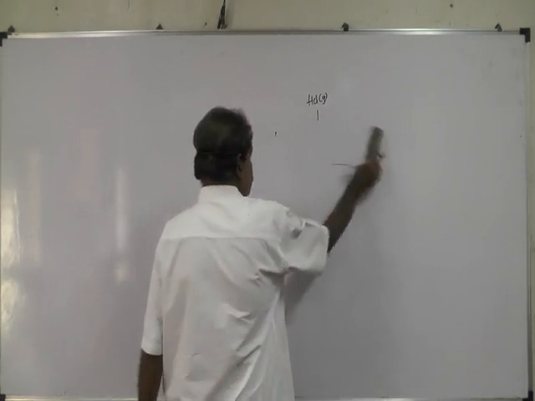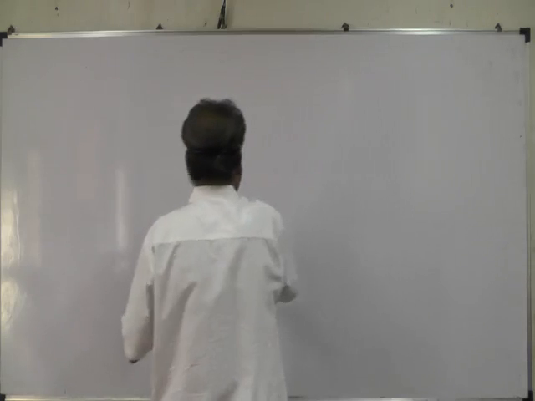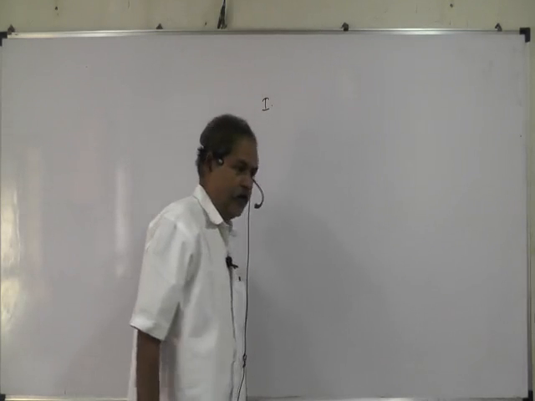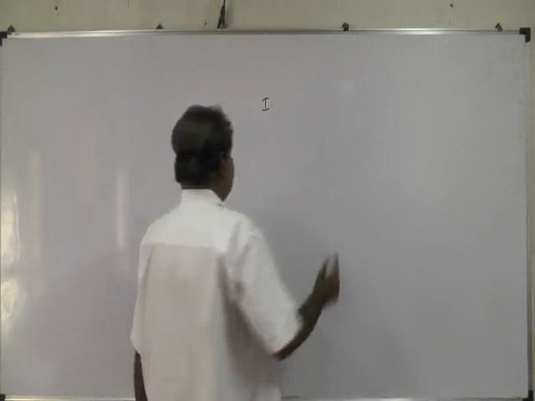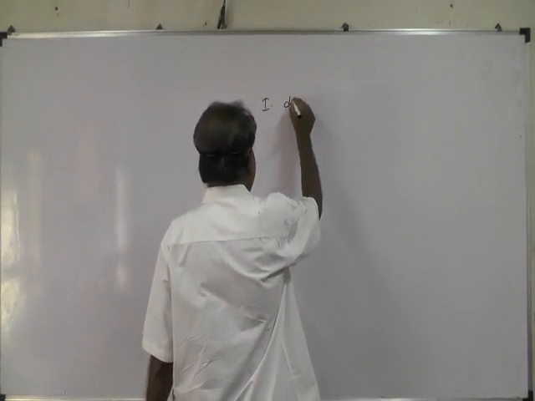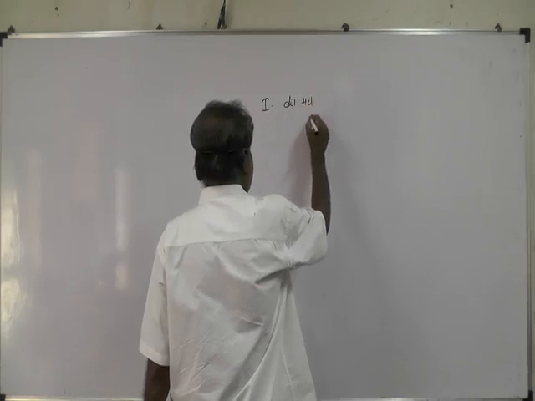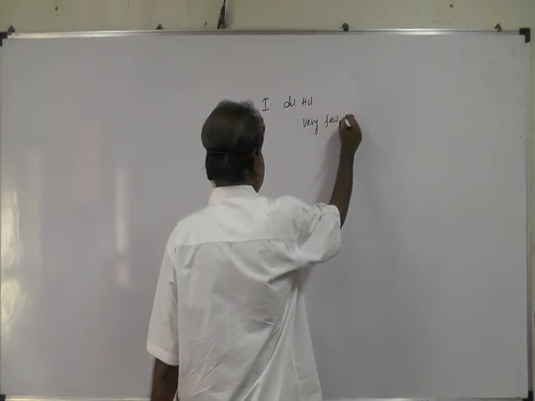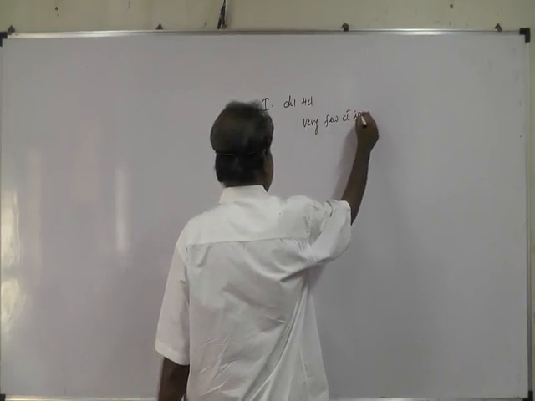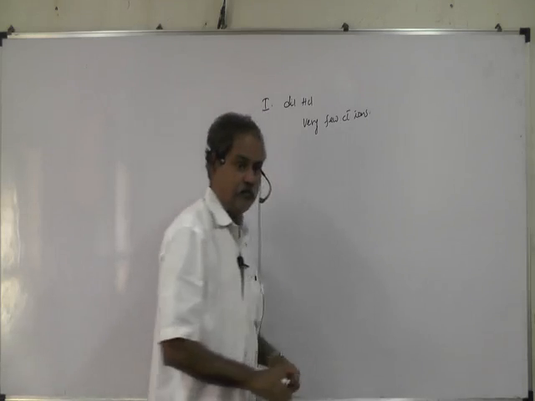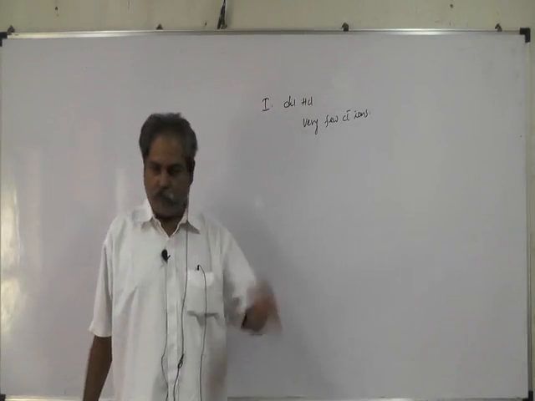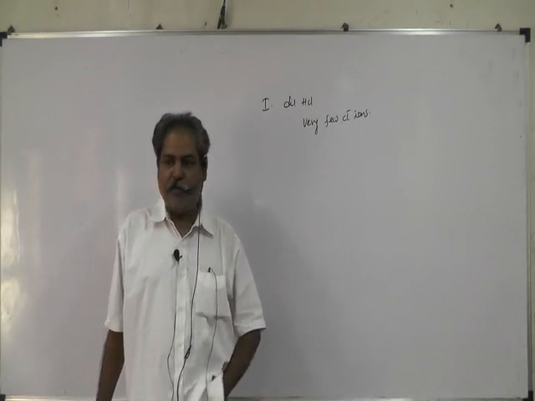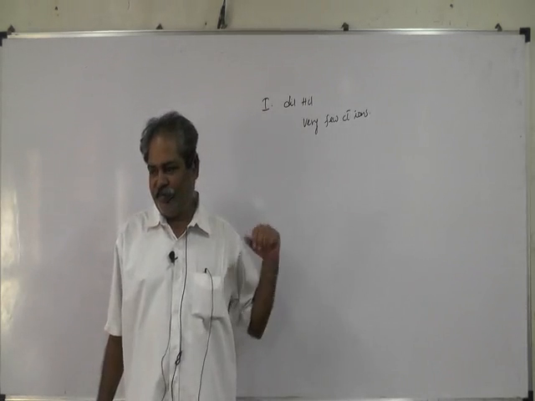So, first solubility group, these are not periodic groups, solubility group. First solubility group, dilute HCl. What does it provide? Very few chloride ions. Some of you must be listening for the 3rd time.